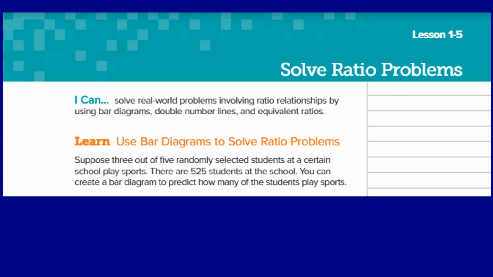Here we go. As we're going through this, once again, we want to know what our goal or objective is, and that once again is our I can statement. It says I can solve real world problems, and that's my entire goal always and forever when it comes to math, being able to apply that in any situation in life to where I understand it.